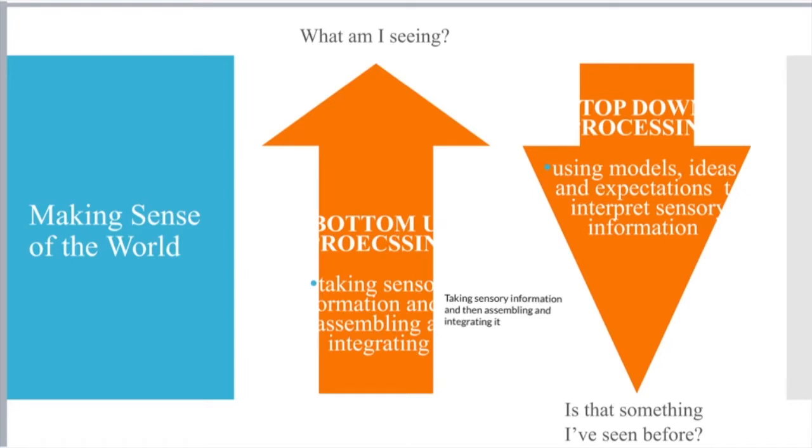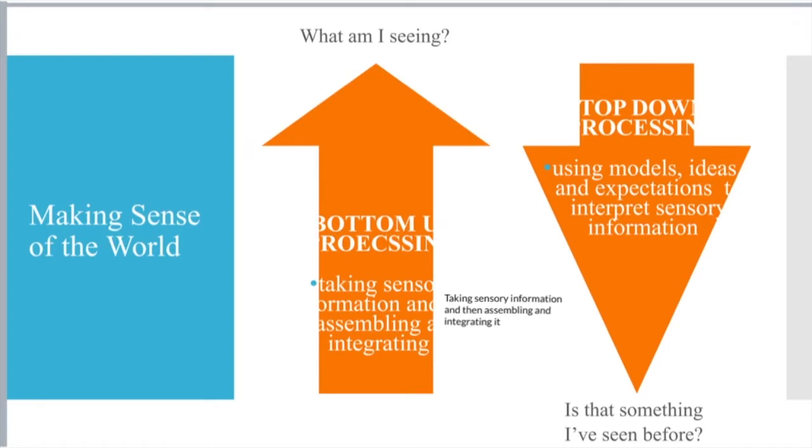So you see something, and from the top down, you assume it's this because you've seen this before. Right now I'm looking at my coffee cup. I'm assuming that's a coffee cup because that's what a coffee cup looks like. I don't really have to think a ton about that. It's a cup, I know that. How do I know it's a coffee cup? Well, it has a handle, it's insulated, whatever.